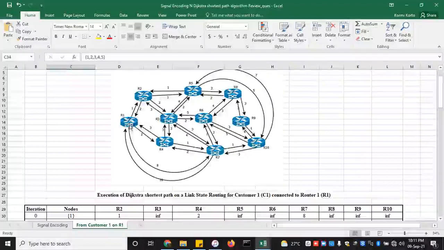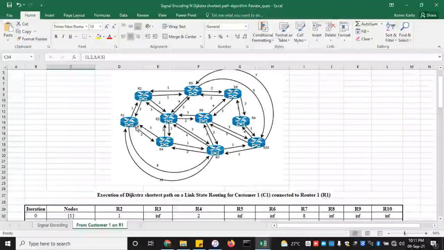Those are the math. 1 plus 2 is 3. 3 plus 2 is 5, which obviously is smaller than going through 4, which gave us 7. Now, what about if you were to go through 5? It will be 1 plus 1, which is 2, plus 4, which is 6, plus 2, which would be 8.